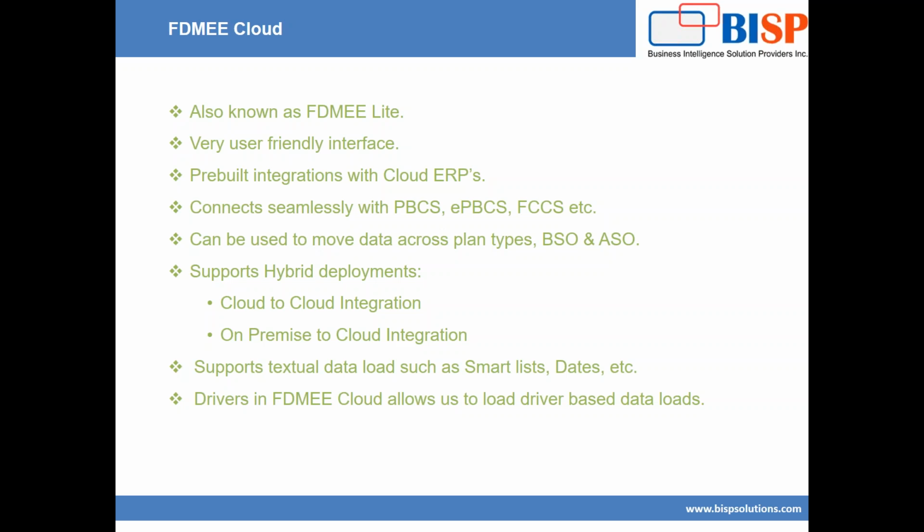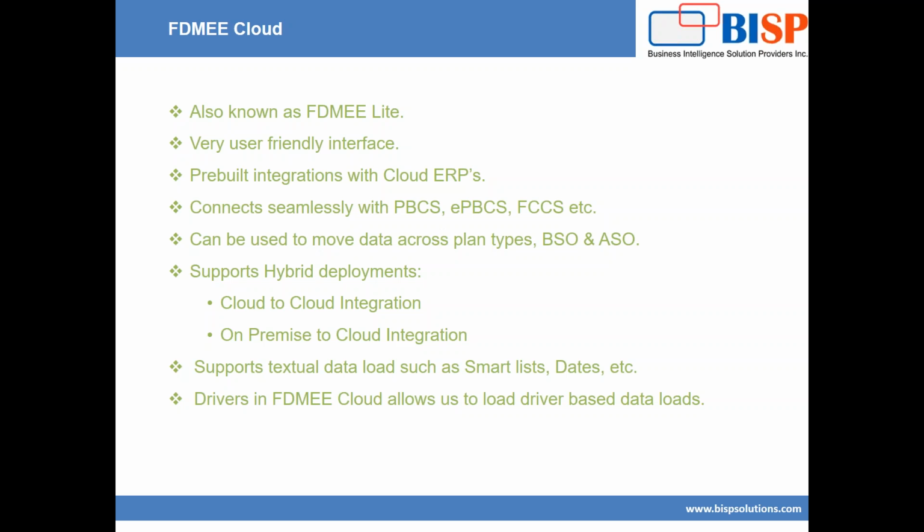Or if you want to load data from any file system to a PBCS cloud, it is also possible. So a combination of both cloud and on-prem deployment is known as hybrid deployment. In hybrid deployments we have cloud to cloud integration and on-prem to cloud integration as well.